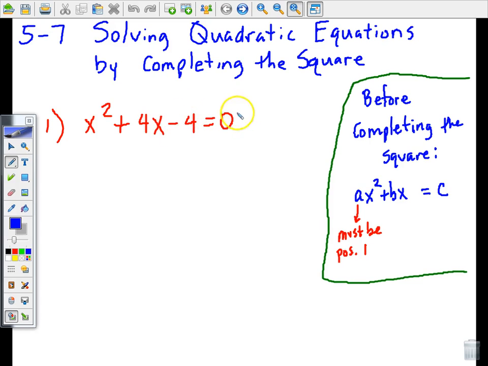Of course, we're going to need to add 4. And I also observe the a term, the number in front of x squared, is +1, so I'm good there. But before I can begin completing the square, I need to do this real simple step of moving the constant to the other side of the equation.